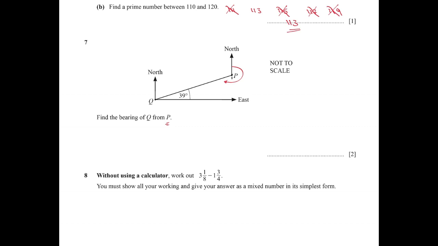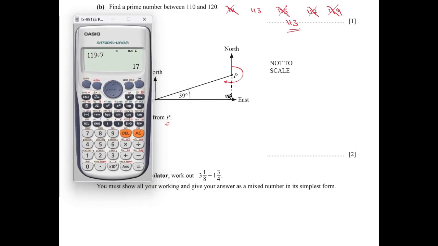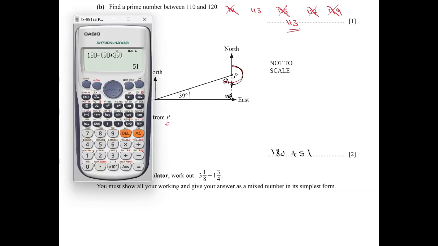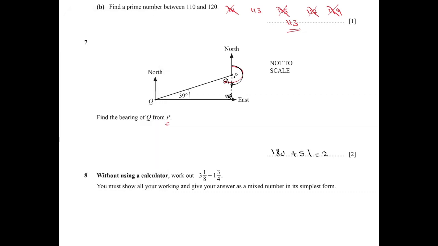If we join the north with east here, the angle will be 90 degrees. With 90 degrees and 39 degrees, we can find the third angle in this triangle. 180 minus 90 plus 39 equals 51. So the bearing will be 180, the measure of this straight angle, plus 51, and the answer will be 231. Never forget that the bearing should be written in 3 significant figures.